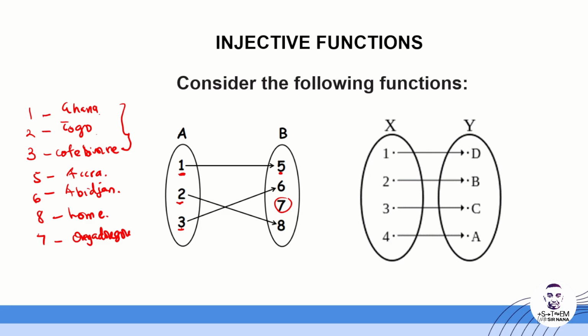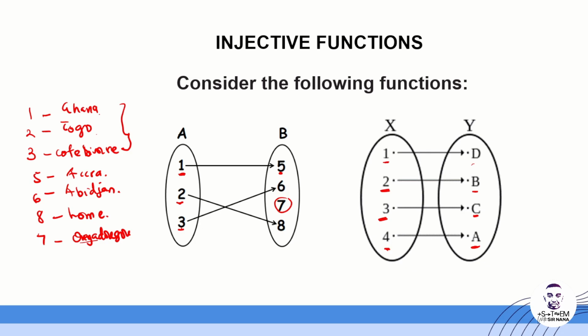We can have one of the capitals, like Ouagadougou, which is the capital of a country that does not have its corresponding member in the domain. But we could still say this is an injective function. So for instance, if you have 1 mapping to D, 2 mapping to B, 3 mapping to C, and 4 mapping to A, we can say that this function is an injective function.